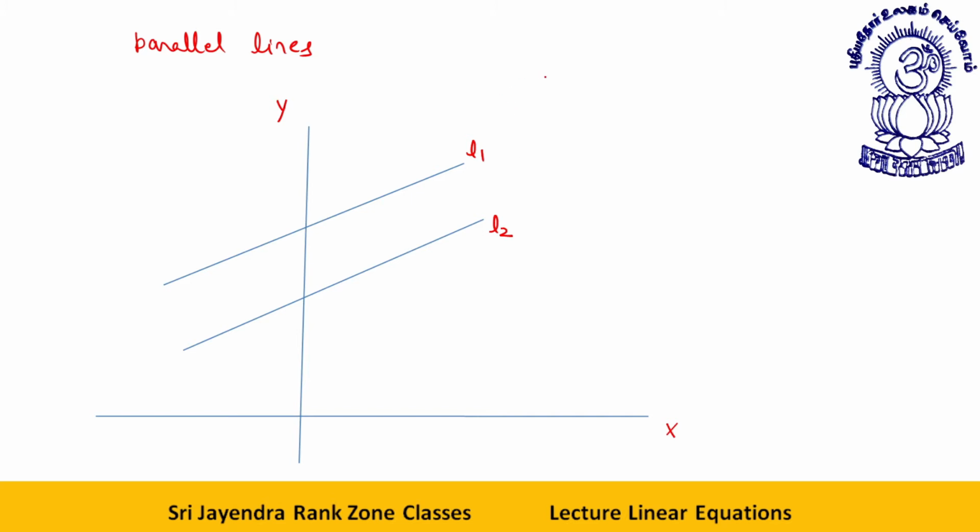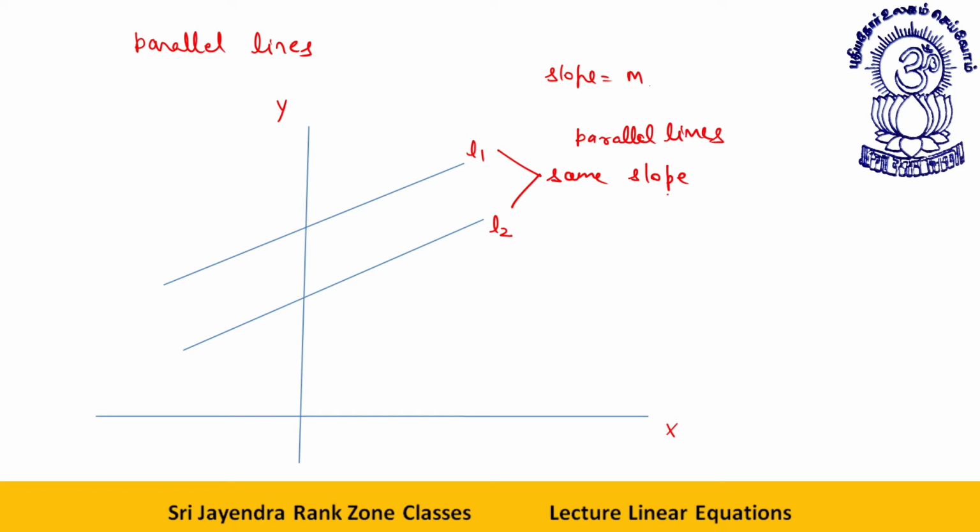As I told you, the slope is what? Slope is m1. Now, dear students, since these two lines are parallel, the slope is, let's say, m. So both the lines will have the same slope. These are parallel lines.